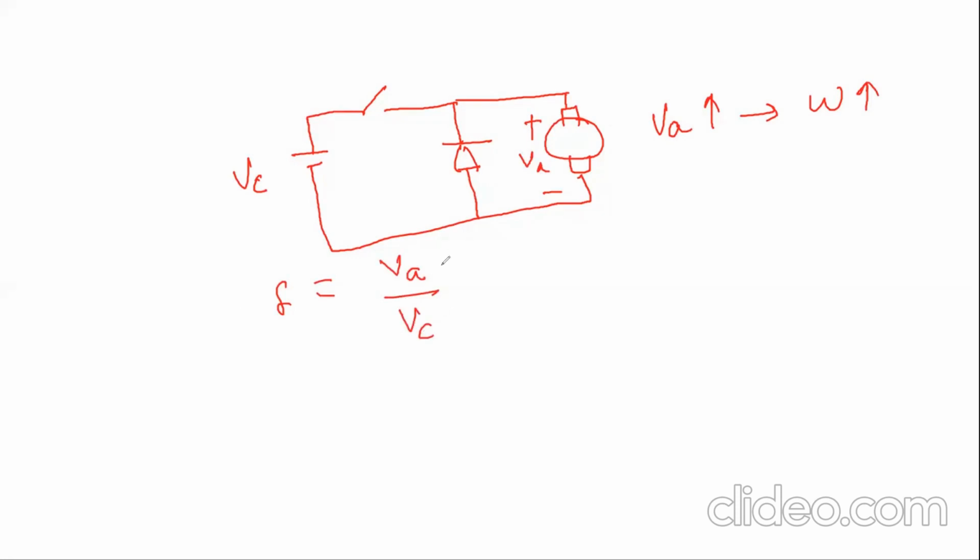Suppose when the voltage VA is equal to 220 volt, then the speed is equal to the rated speed. Suppose it is 1500 rpm.